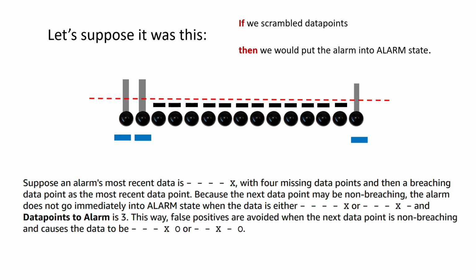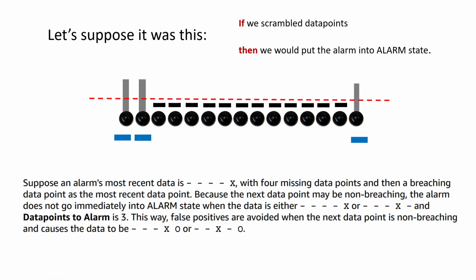And this way, false positives are avoided when the next data point is non-breaching. If you had 1, 2, 3, 4 missing and a breacher, the next one might be non-breaching, or if it were breaching, then obviously you'd have a breach.